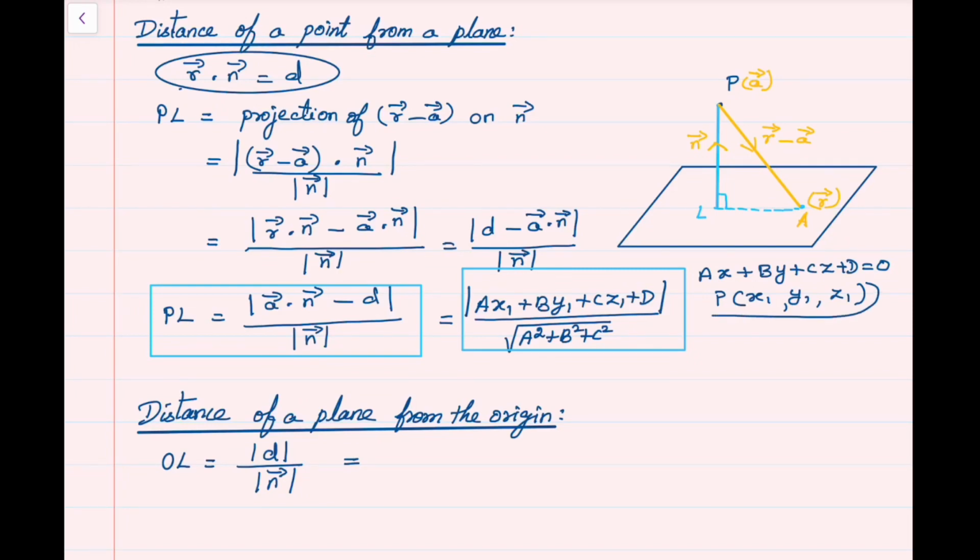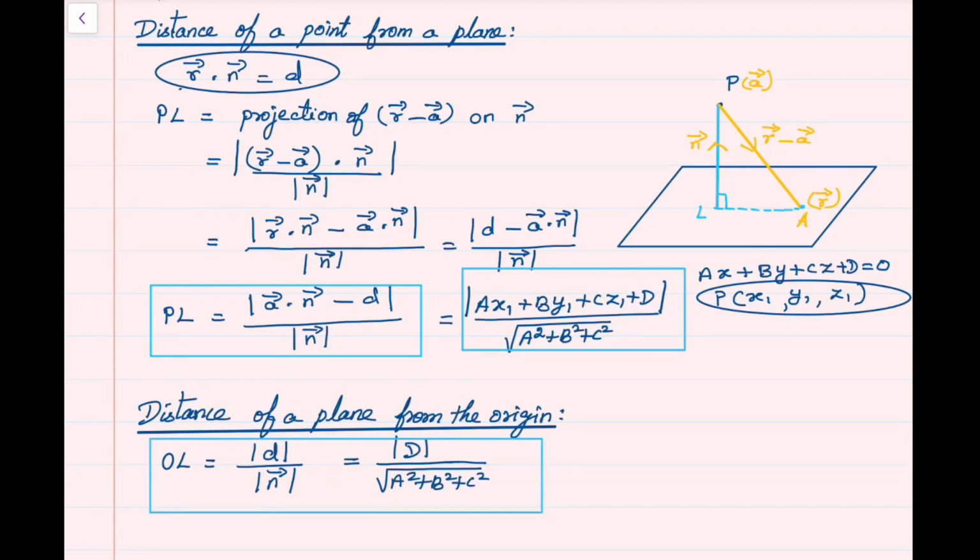Here this P point will become 0, 0, 0. Therefore, these first three terms will be zeros. We get absolute value of d divided by the magnitude of normal vector, root of a square plus b square plus c square. This is the formula to find the distance between the origin and the plane. Distance means perpendicular distance between them.